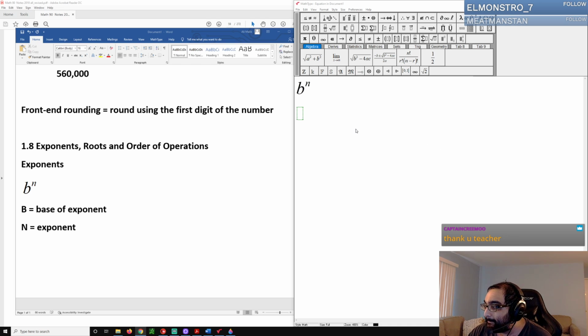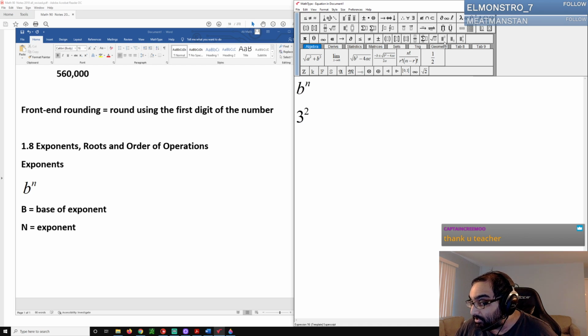Okay, so let's take a look at how it works for exponents and break it down. Let's start with something basic and work our way up. Let's go with something simple, like 3 to the second power. Simple enough, not too bad.